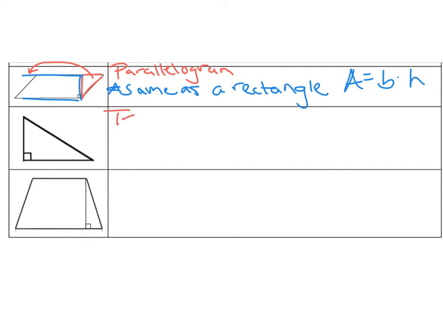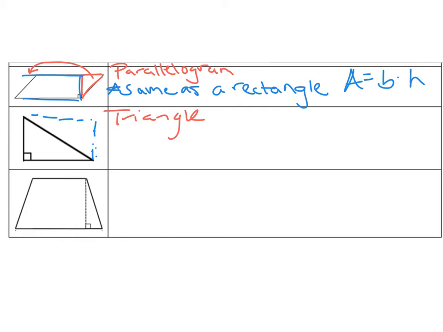All right, let's try a triangle. A triangle will always, always, always be half of a rectangle, okay? No matter what our shape is, no matter what kind of triangle we have, it is always half of a rectangle.